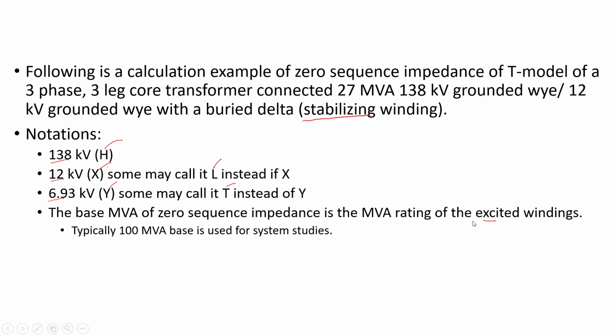As you will see in the following slides, multiple tests are applied to come up with the zero sequence impedance, and each time you apply voltage to one winding, either the high side or low voltage side, the base MVA of the zero sequence is the rating of the winding that's being excited. And for power system analysis, typically 100 MVA is used.